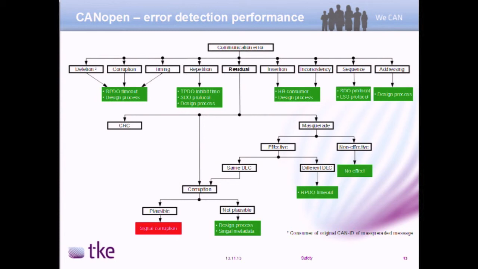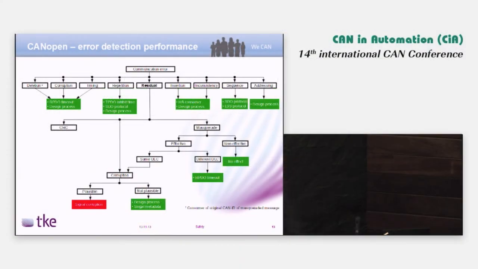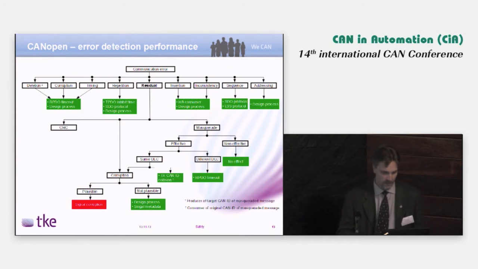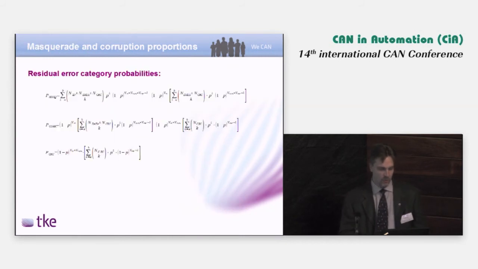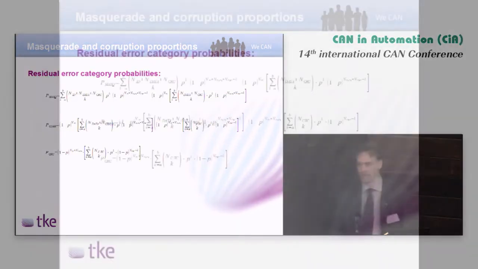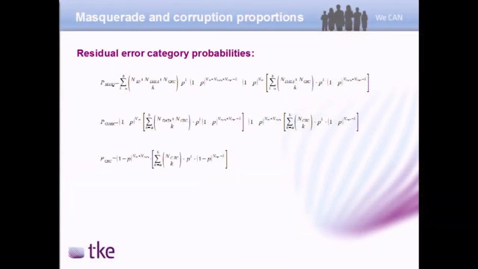And there were quite clearly available numbers, except for this level. And another writer of this paper was my ex-colleague, a mathematician, who made some experiments. Our problem was the distribution between CRC, corruption, and masquerade failures.